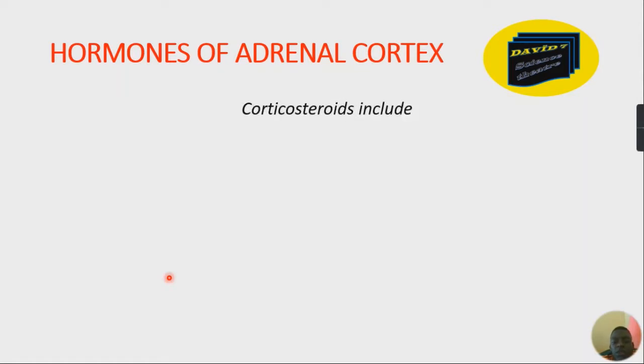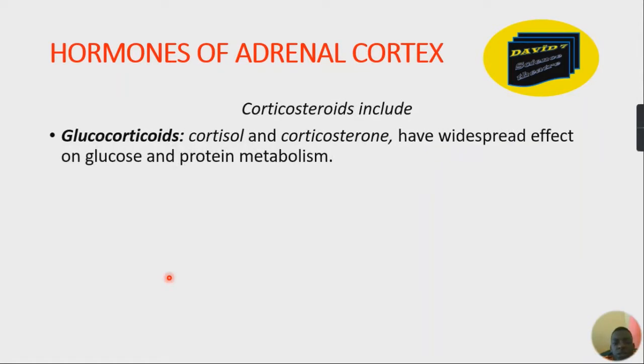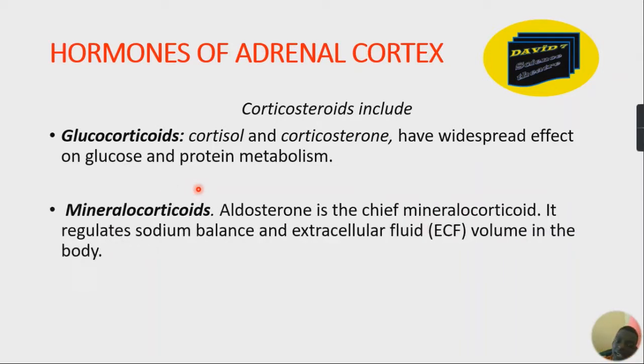These hormones are called corticosteroids, and they include, first, glucocorticoids, which are corticosterone and cortisol, and these have a widespread effect on glucose and protein metabolism. Then we have the mineralocorticoids. The glucocorticoids are from the zona fasciculata, and the mineralocorticoids are from the zona glomerulosa, the outermost layer of the cortex.